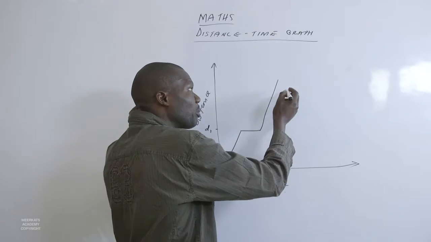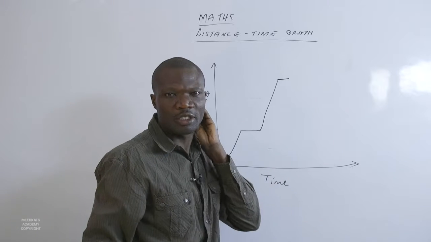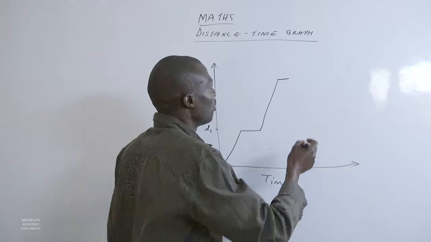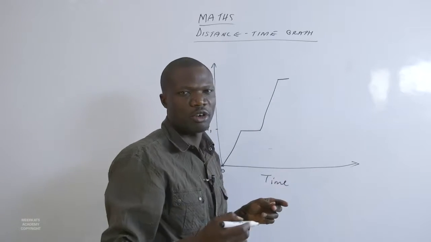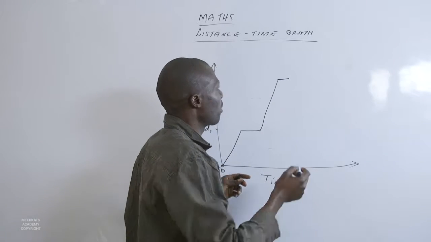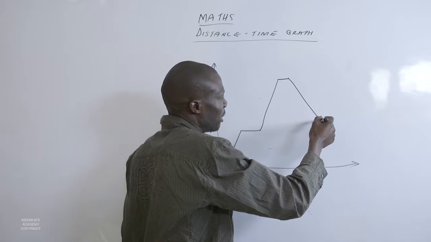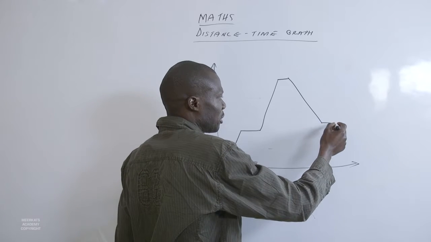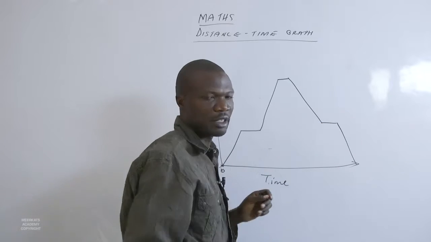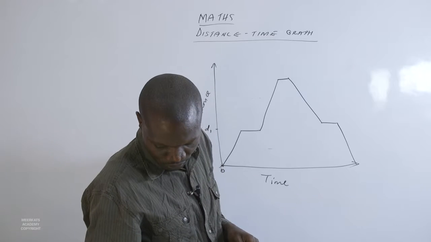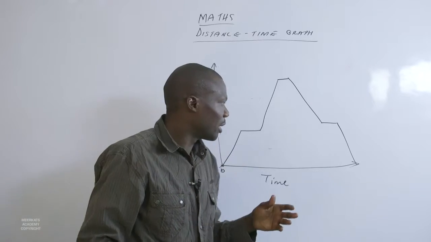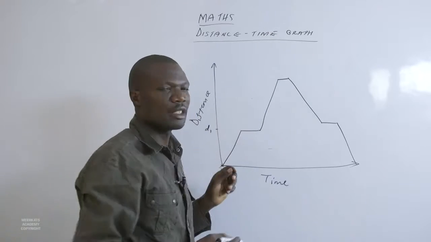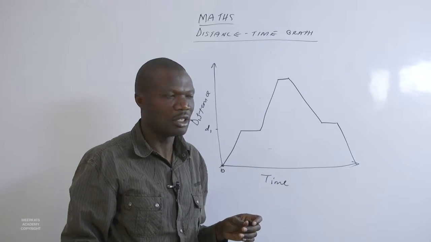So you can move, you reach a point, and you take another rest, maybe for lunch, and it goes on. When you start coming back to where you came from, you'll start coming back like this, and you can choose to rest and finally end your journey. This is what we call a distance time graph.